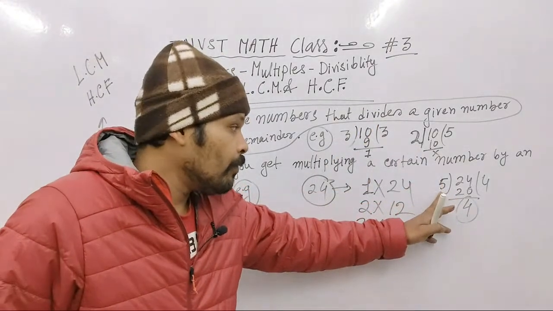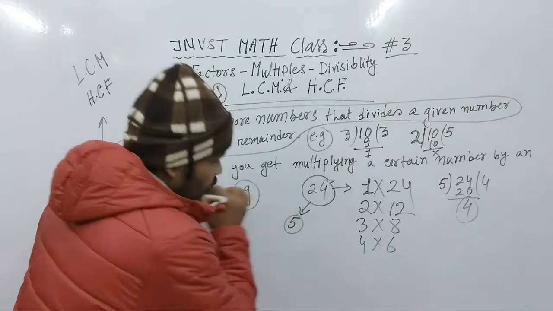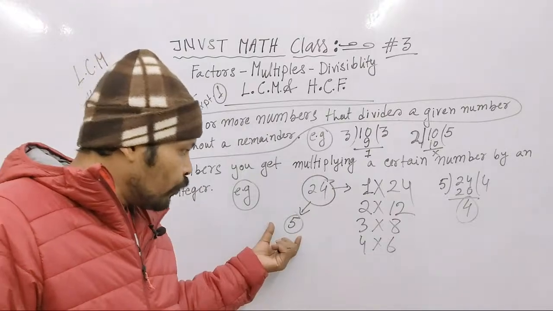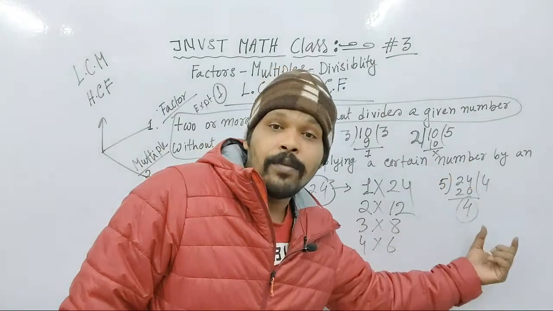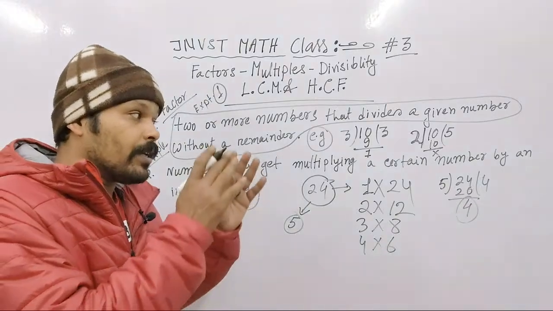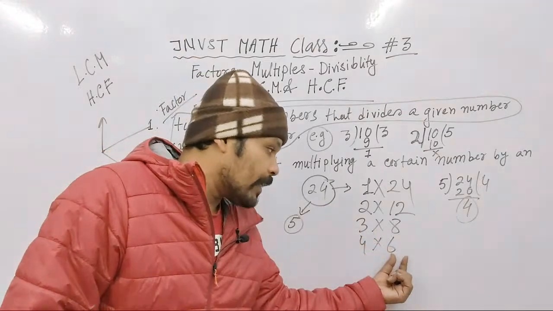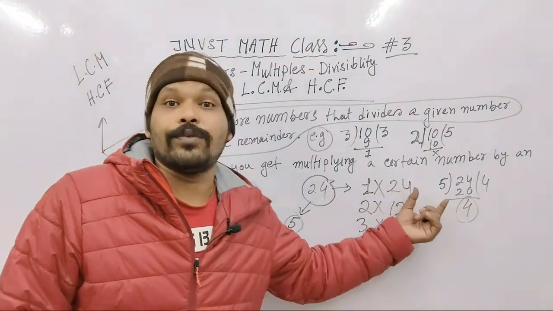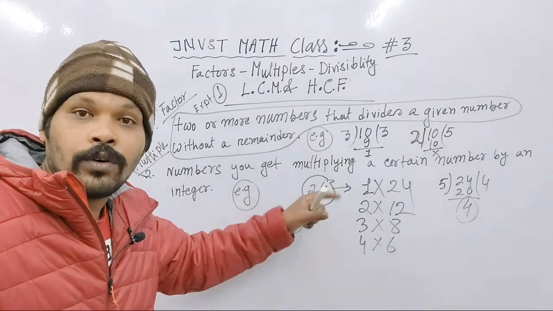Is 5 a factor of 24? No. Why? Because if we divide 24 by 5, then 4 is the remainder. If there is a remainder, then that number is not a factor. But we can divide 24 by 6, by 4, by 3, by 8, by 2, by 12, by 1, by 24.